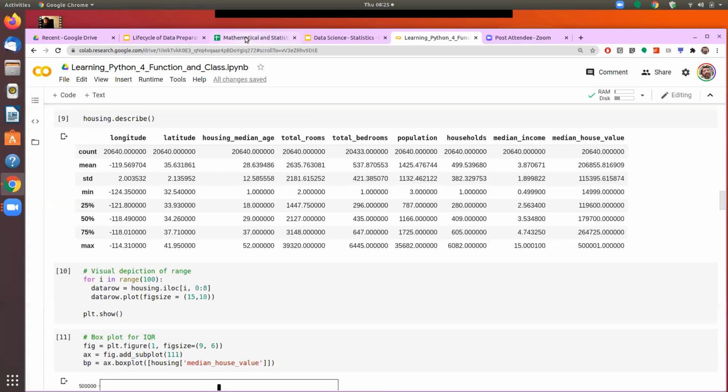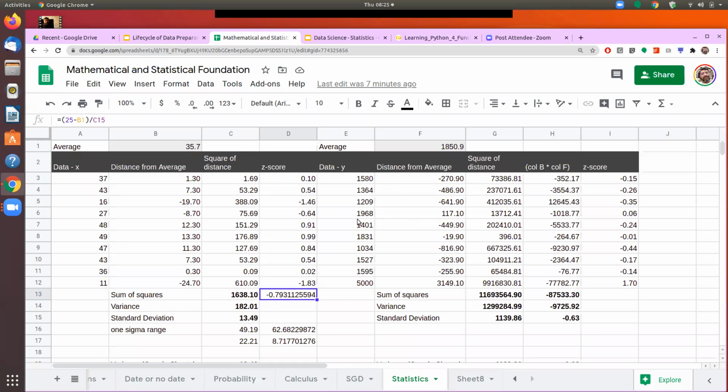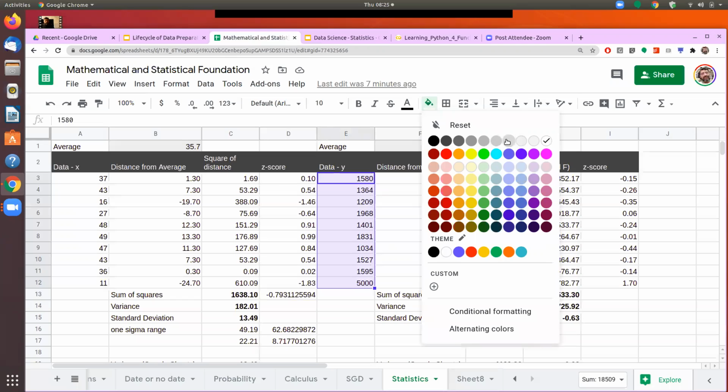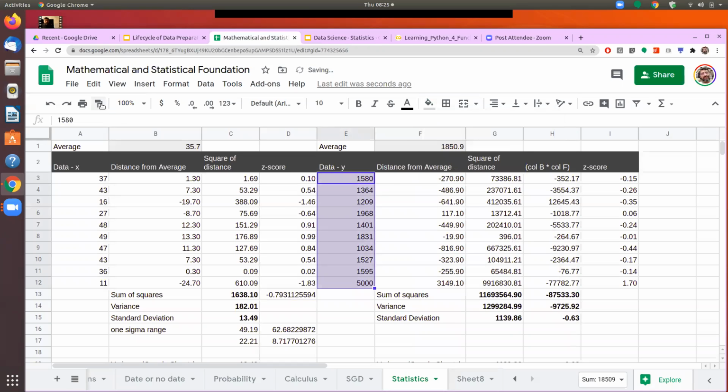So, for example, when we go back here, I had two different data sets. One was this data set, and one was this data set.